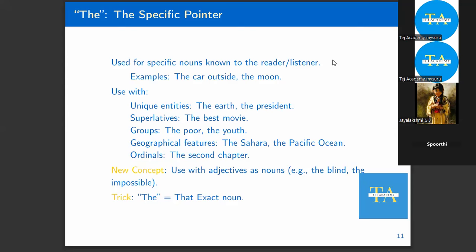And geographical features like the Sahara, the Pacific Ocean, we use the in front of such huge locations. The Himalayas, the Alps. The Alps are mountain ranges in Europe. And you have to note here that these are all mountain ranges, like Himalayas, Alps. But you can't use the in front of a single mountain.